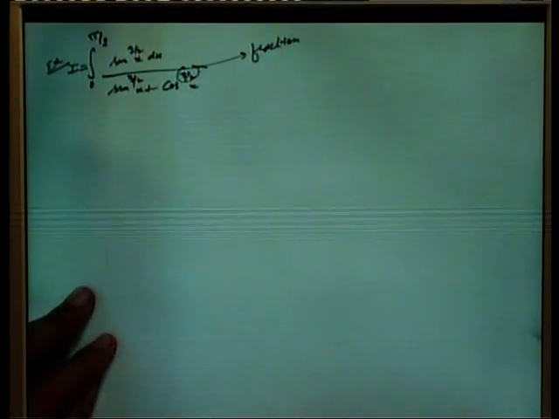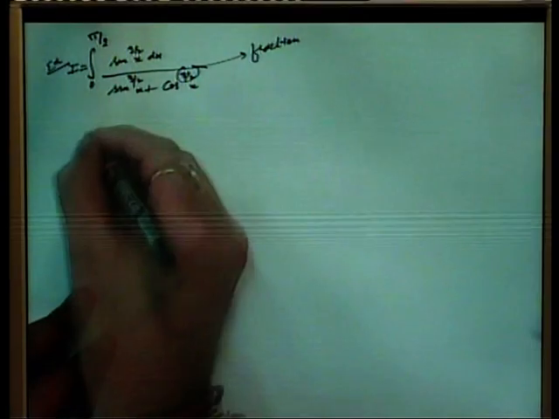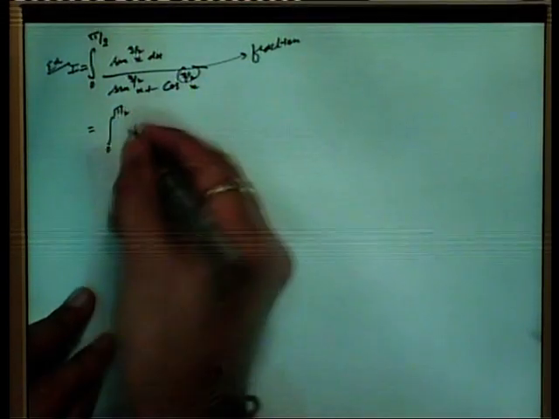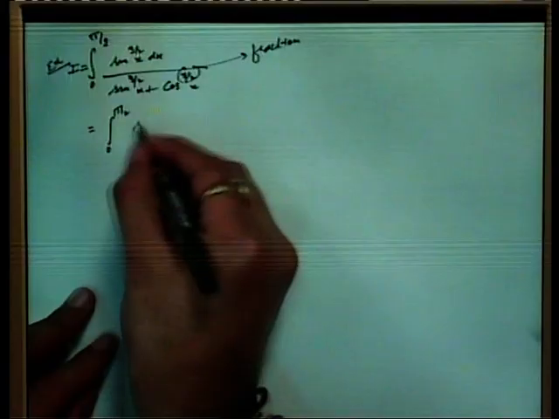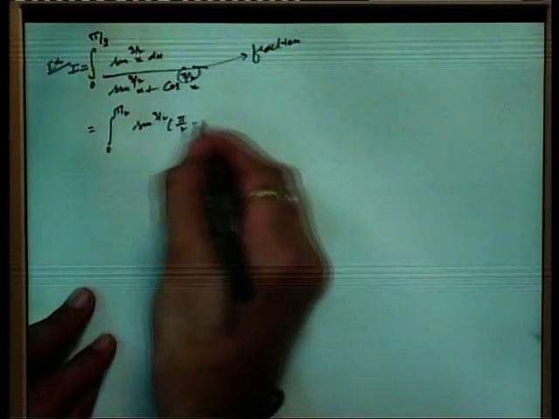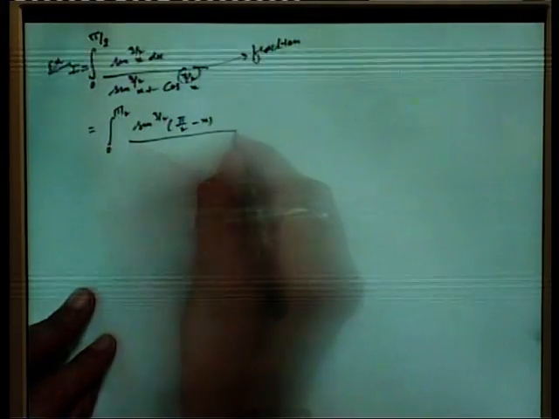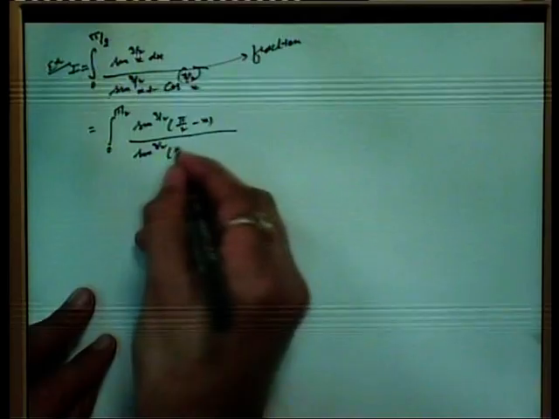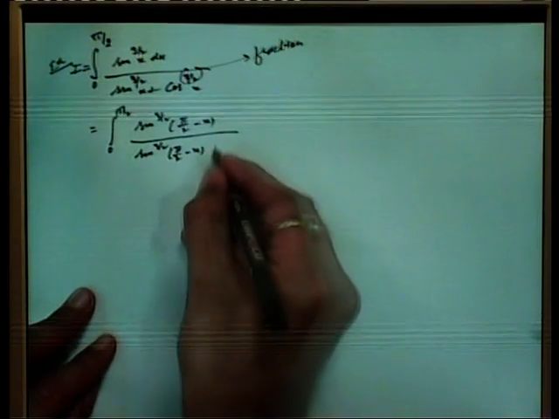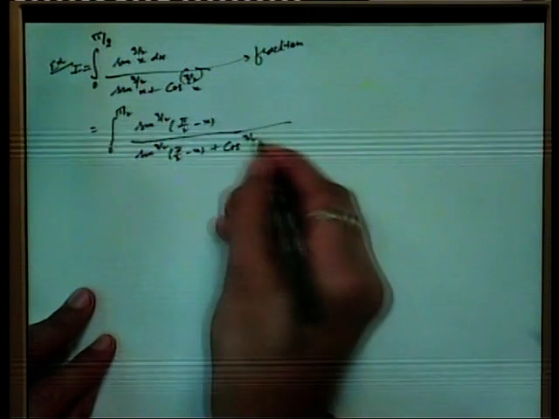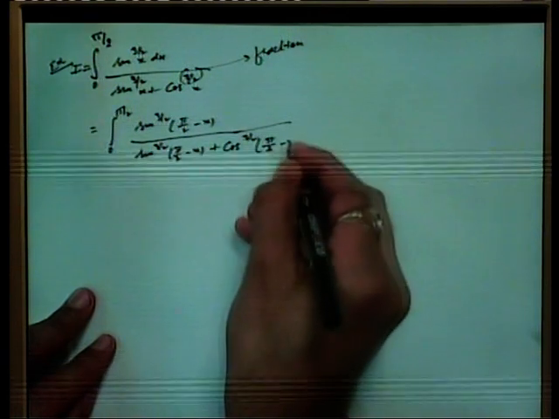So you can apply property number 4. It is equal to the integral 0 to pi by 2 of sin^(3/2)(pi by 2 minus x) divided by sin^(3/2)(pi by 2 minus x) plus cos^(3/2)(pi by 2 minus x).